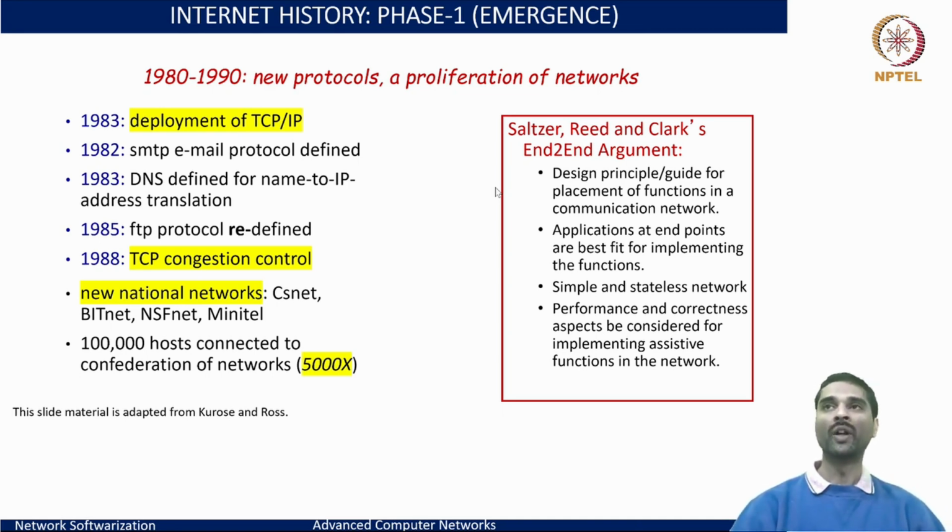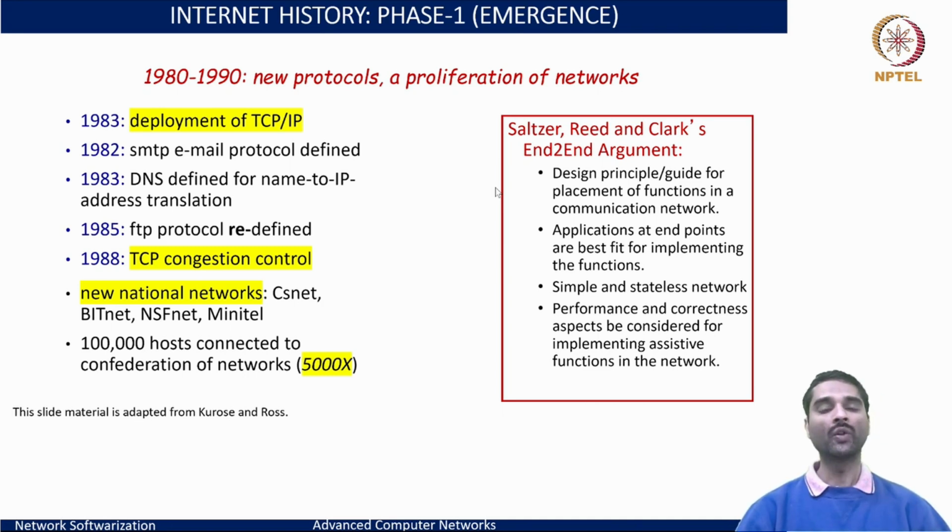Earlier, Sri Abhay Bhushan, an alumnus of IIT Kanpur, introduced FTP in April 1971, while he was pursuing his master's at MIT. And thereafter, it was reshaped to suit the TCP/IP model, and the new FTP was defined in 1985. And then the networks started to emerge, including national networks like CSNet, BitNet, NSFNet, Minitel, and so on.